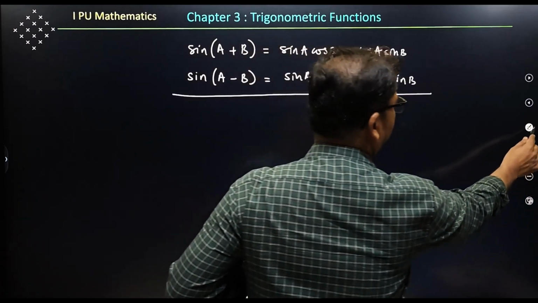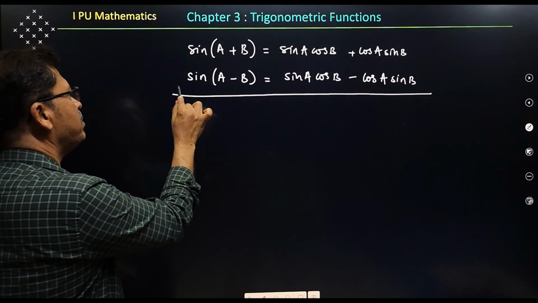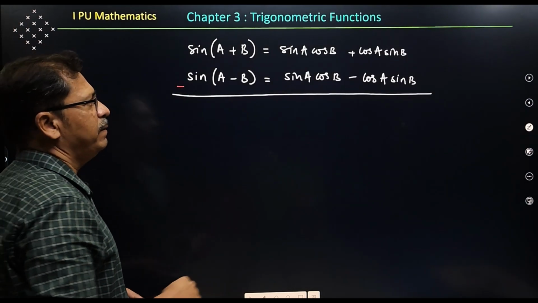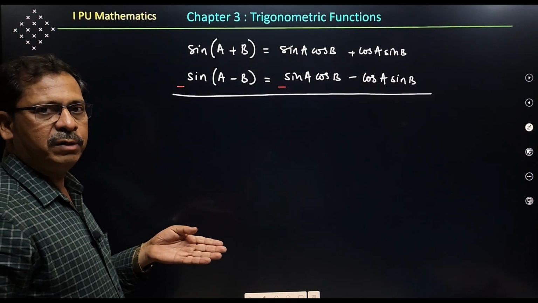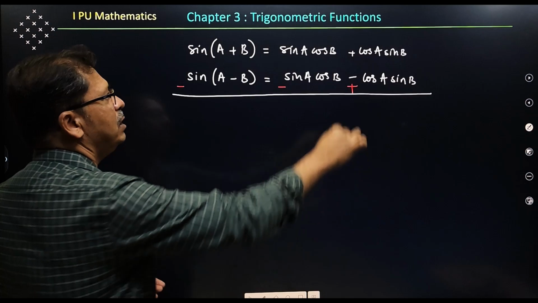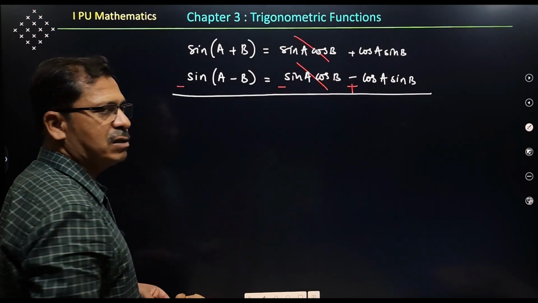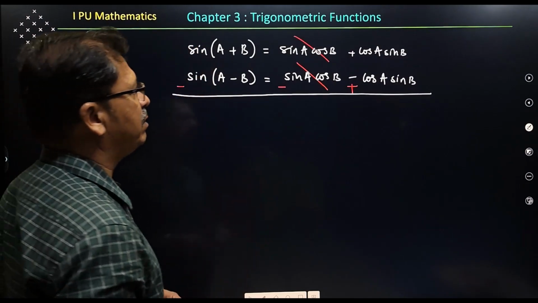By doing so, the plus sin of a minus b becomes minus sin of a minus b. Plus sin a cos b becomes minus sin a cos b. Minus cos a sin b becomes plus cos a sin b. And moreover, sin a cos b and sin a cos b cancel. These two add up, these two get subtracted.